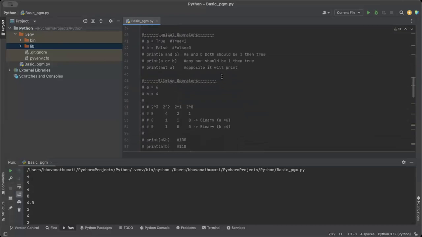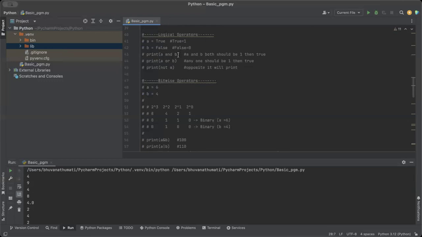Next are logical operators. These are used to combine conditional statements. In logical operators, we have and, or, and not. We have truth tables for these. For and, if both A and B are 1, that is true, true, then the output will be 1, that is true. If A is 1 and B is 0, or A is 0 and B is 1, or both are zeros, then it will be zero only in the truth table of and.